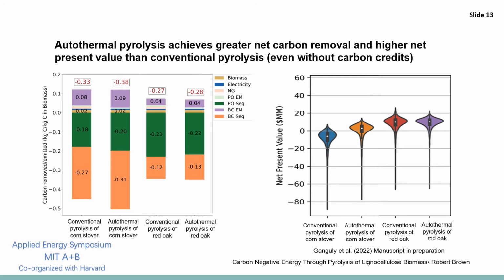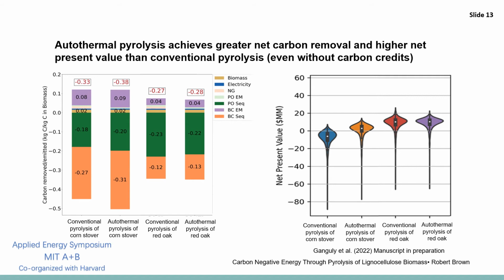Autothermal pyrolysis achieves greater net carbon removal and higher net present value than conventional pyrolysis, even without putting carbon credits on the carbon removal that has been achieved. So what we're looking at here on the left is the carbon removal measured in kilograms carbon per kilograms carbon in the biomass.